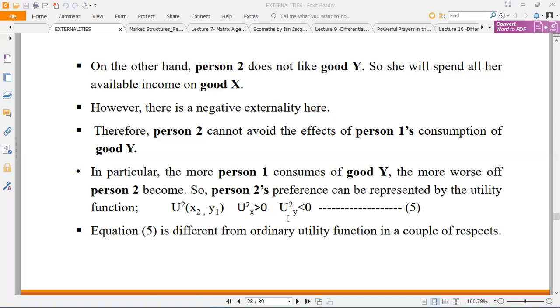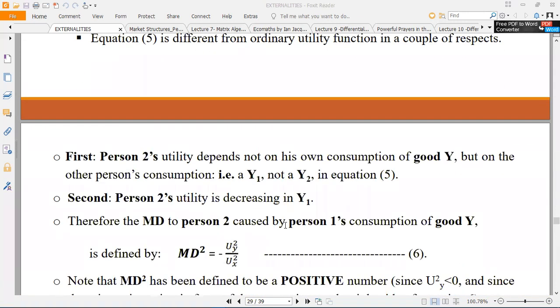Now, if you look at this utility function, it is a bit different from the normal utility function that you know. How different is that? This individual doesn't want to consume good Y, but she cannot avoid the consequences of person 1 consuming good Y. So the second individual's utility doesn't only depend on her own consumption of good Y. She doesn't want to consume good Y, so there is no y2 for that individual.